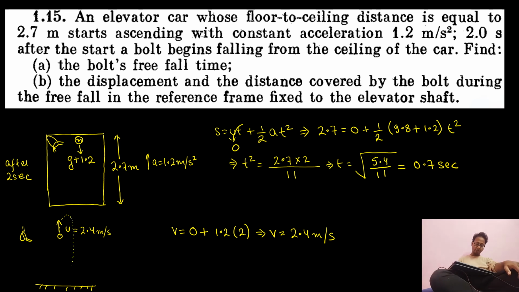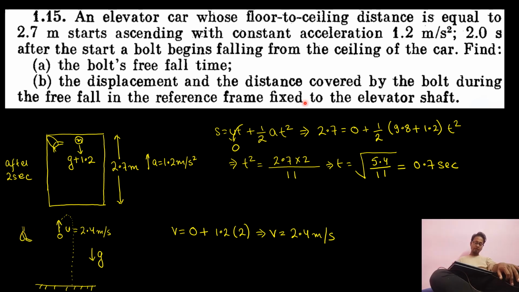Then it will start to move down with acceleration g. So acceleration g is always constant out here. This comes from the acceleration of gravity due to Earth, and this 1.2 won't be added out here. Why? Because our frame of reference is an inertial frame of reference. This frame of reference doesn't have any acceleration.